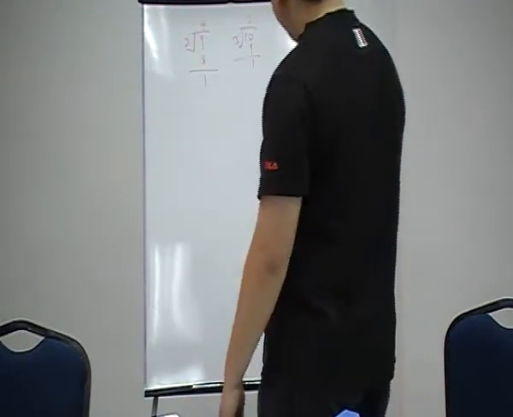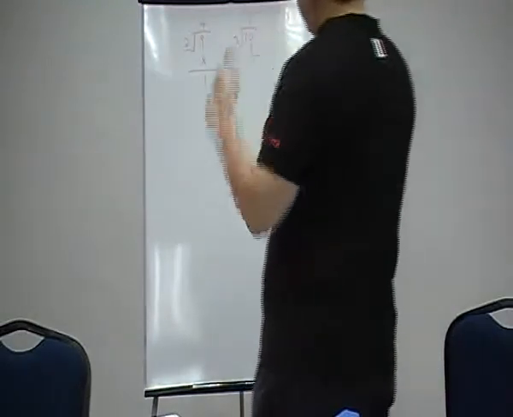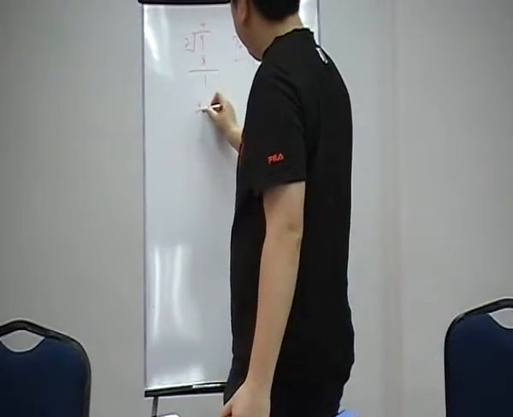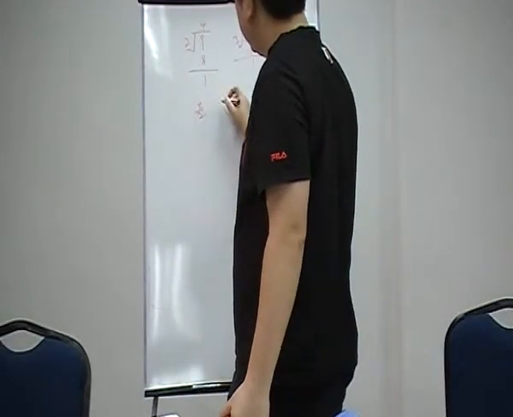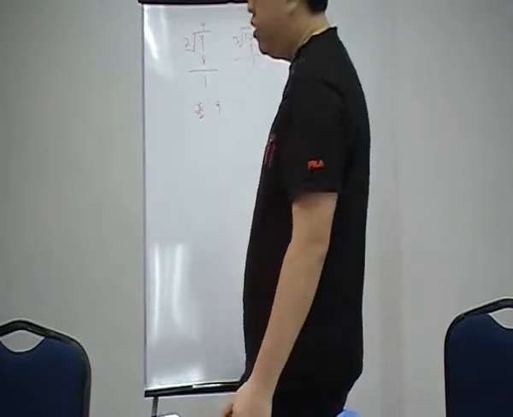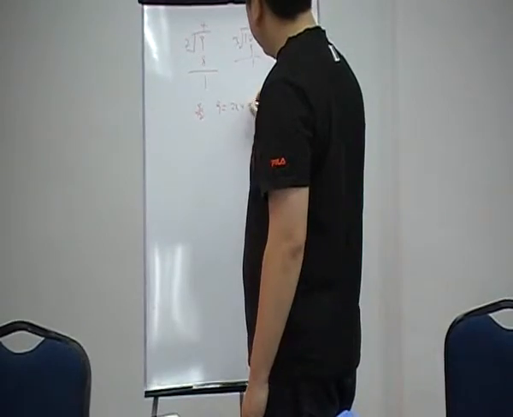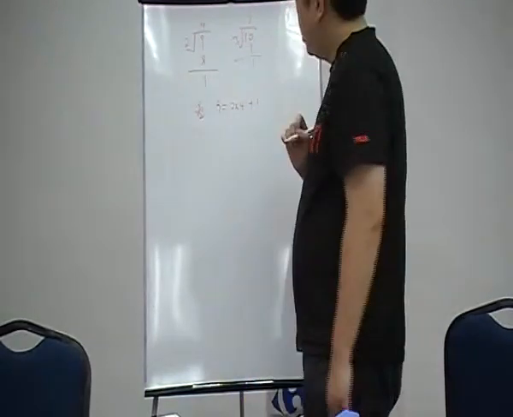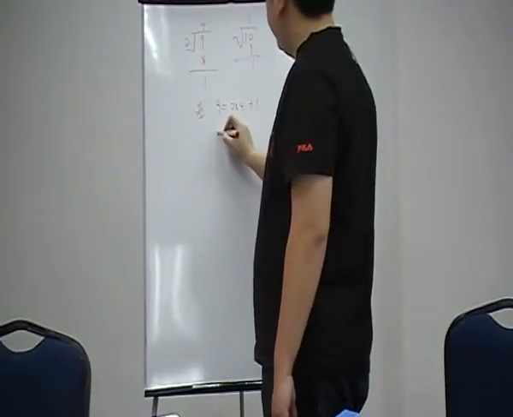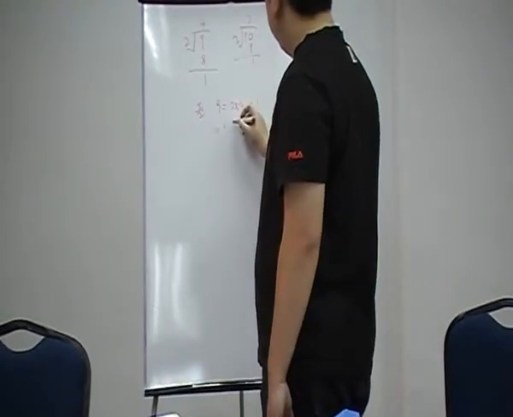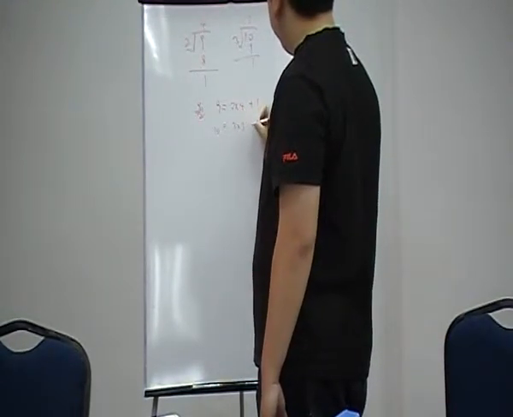Now the expression 9 over 2, the number 9, can be rewritten as 2 times 4 plus 1. The 10 here can also be written as 3 times 3 plus 1.